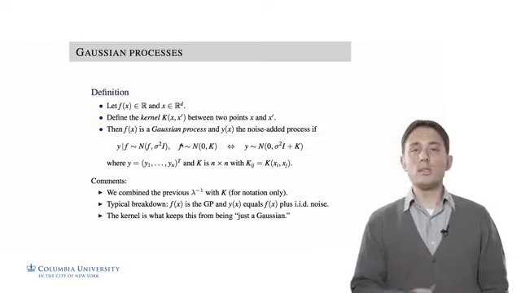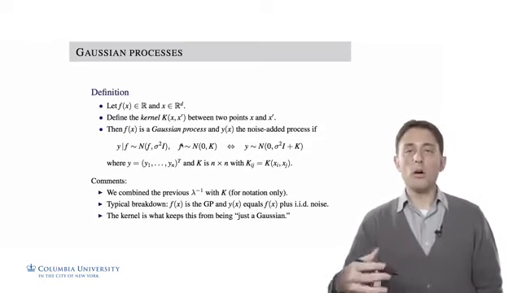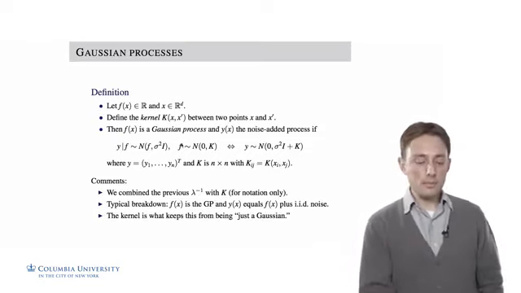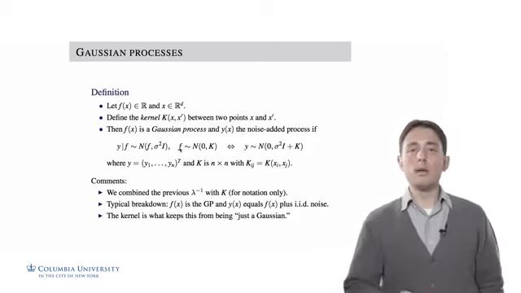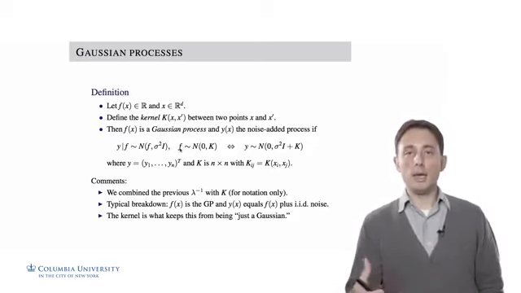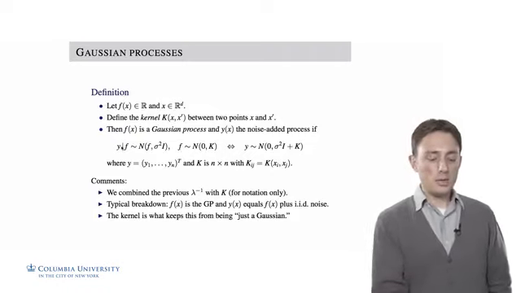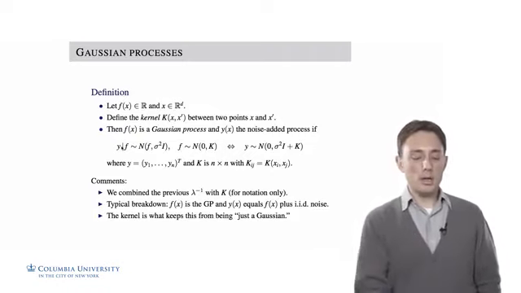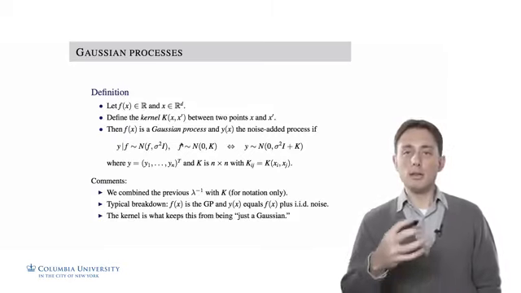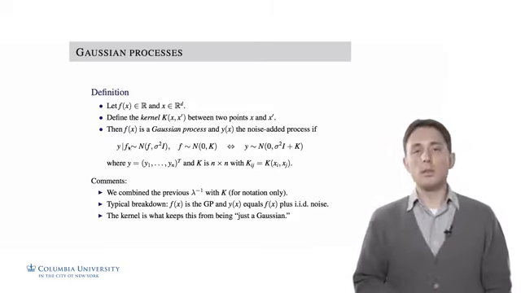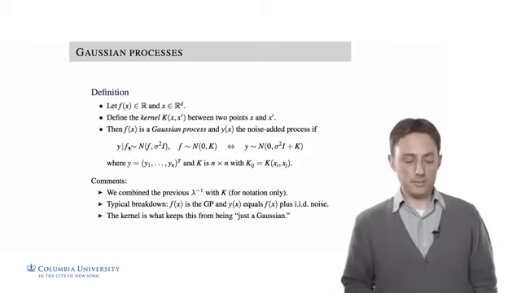So in principle, this is a function over all of Rd. It's an infinite dimensional function. This is an infinite dimensional thing. But we evaluate it only at n data points. And then we observe y, which is the corruption of those n Gaussian process evaluations with some white noise.